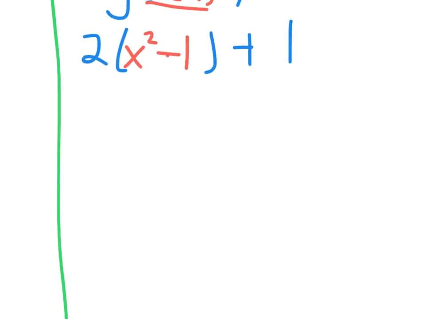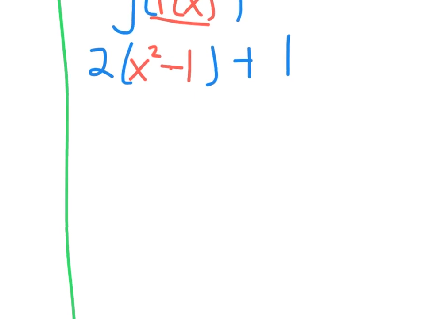Now, once again, I'll go through order of operations to simplify. I don't have any exponents on the outside of the parentheses, so I'm just going to go straight to the multiplication. I'll distribute through, giving me 2x squared minus 2. My plus 1 needs to come down. Lastly, I'll combine like terms.